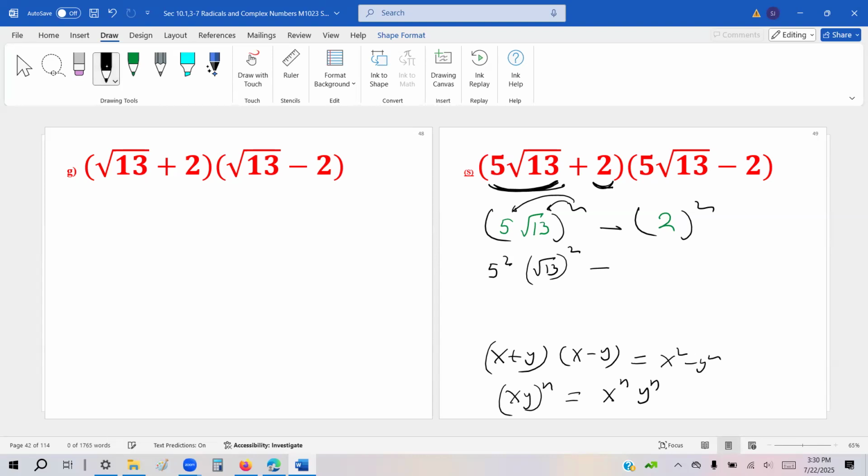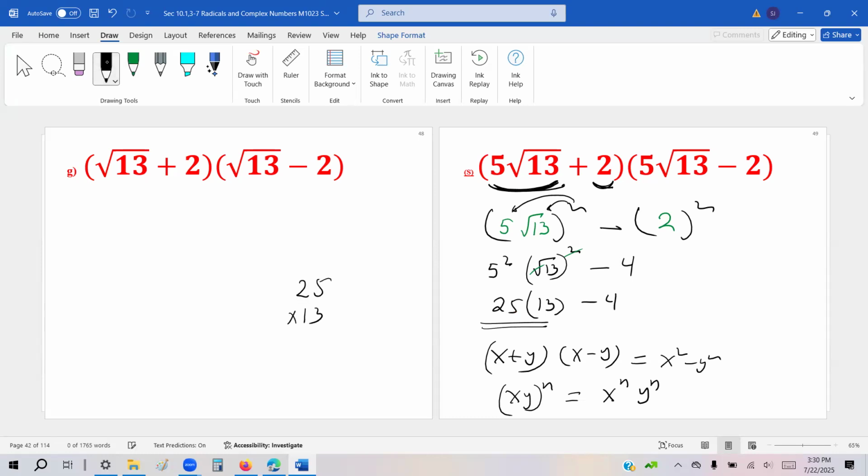And we know what 2 squared is, right? 4. What is 5 squared? 25. And what is square root of 13 squared? 13, because you can simply cancel them. The same thing. Then you just multiply these two.